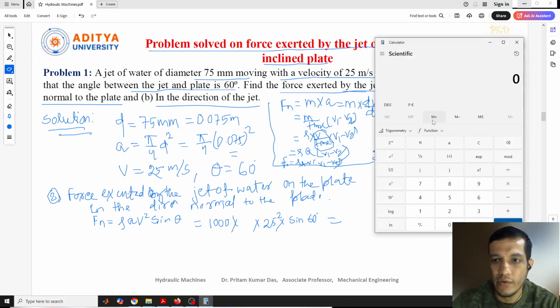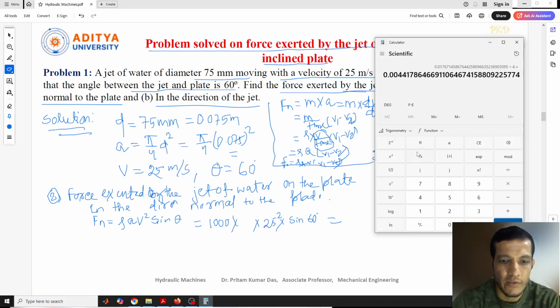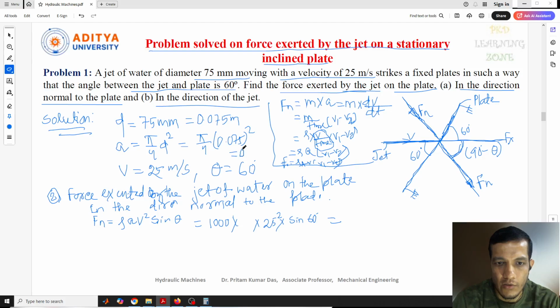So let's find out. First we'll find out pi into 0.075 square divided by 4, that is 0.004417 meter square.